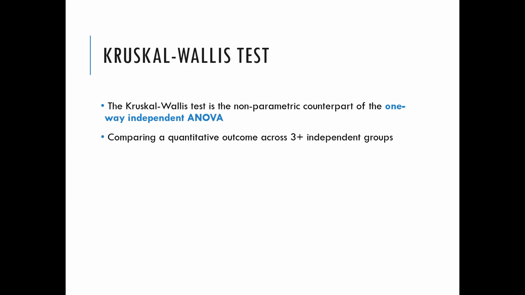Now with one-way ANOVA, you have 3 or more groups. So you're comparing your continuous or quantitative outcome across 3 or more independent groups. So maybe you're looking at categories of race where you have white, black, Hispanic, and other. So that's 3 or more groups. And so in that case, you would use a one-way independent ANOVA.